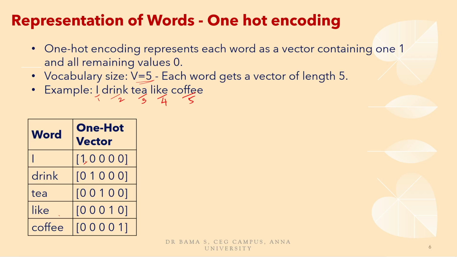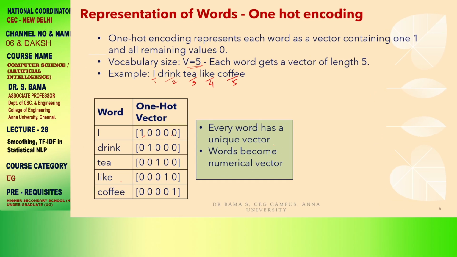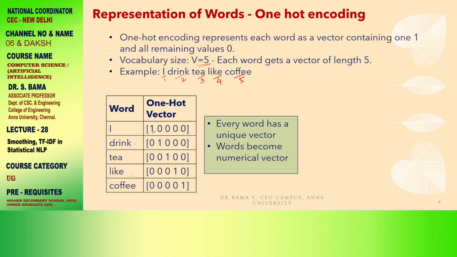Whenever we write 1 followed by 4 zeros, it is only I. Drink is going to be the second position 1. So this is the structure of one-hot encoding. It is very simple and effective. Each word has a unique vector, and the word becomes a numerical form.